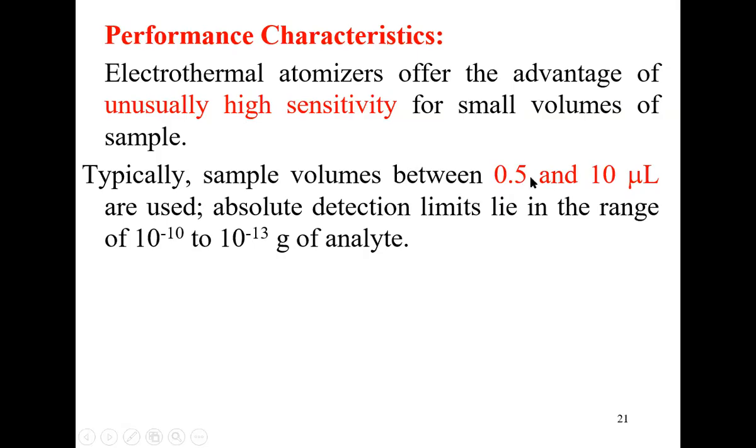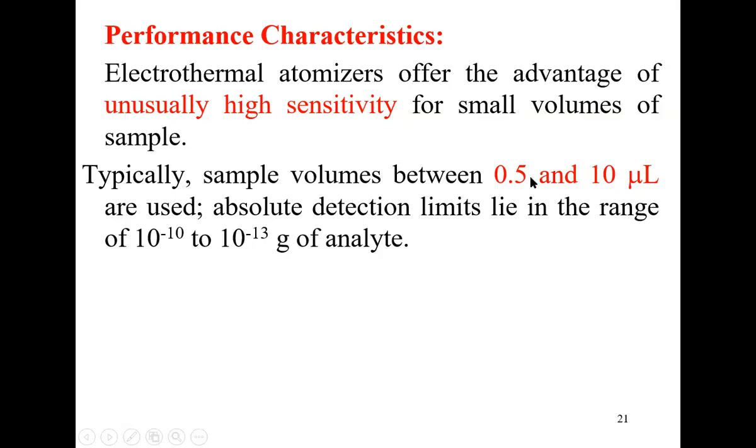And if you are limited by volume, remember, flame AA is very wasteful. Although it gives reproducible results with high precision, it's very wasteful. The other thing we gain from the graphite furnace over flame AA is the fact that you don't have to go through the many tedious solution preparations.